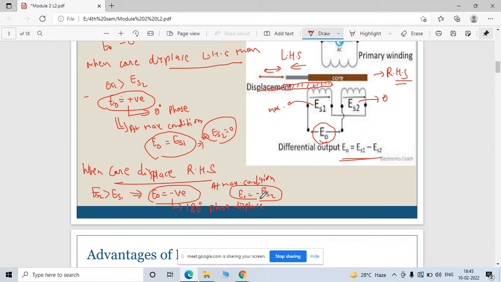Output voltage is directly proportional to the displacement. We will also see some numericals on that.